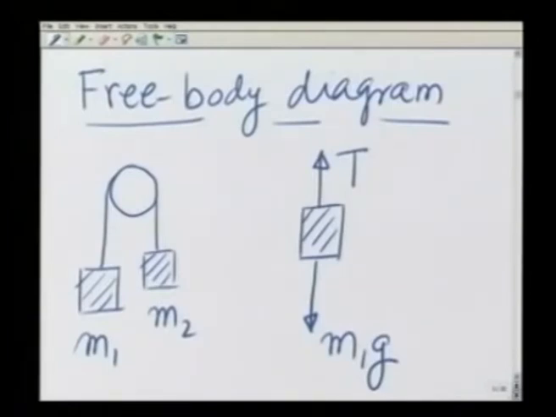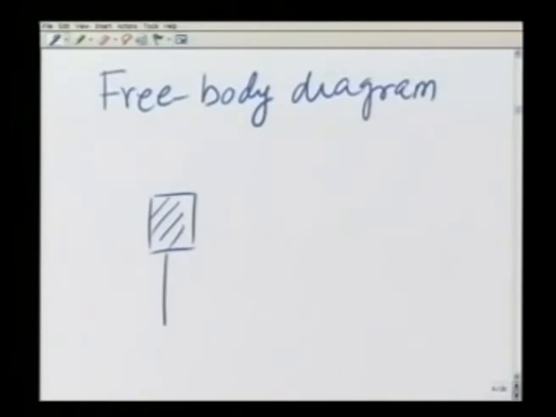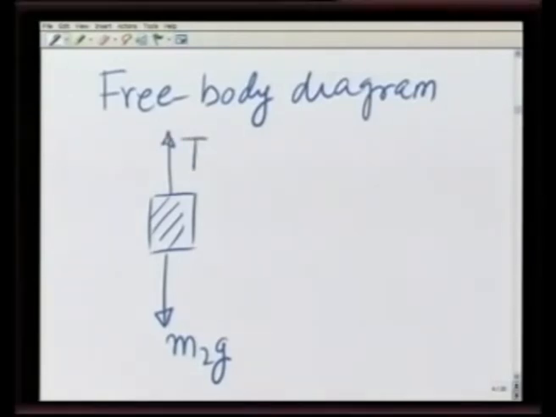Similarly, I can make the free body diagram for mass m2, that will also be similar, m2g pulling the body down and tension T pulling it up. You may ask me at this point, why did I keep the tension the same?